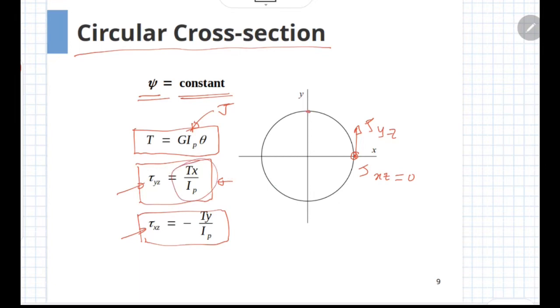And if you consider a point on y-axis, we'll find that x is 0, so as a result tau yz would be equal to 0, and tau xz would be given by the expression which is given here.